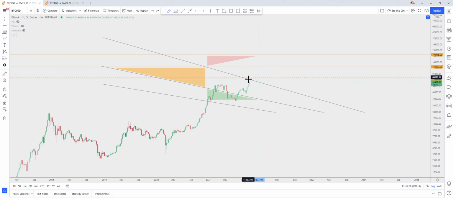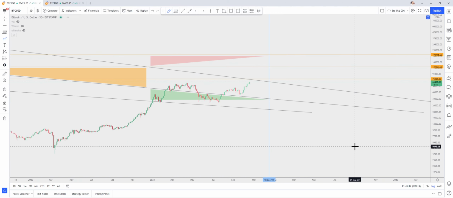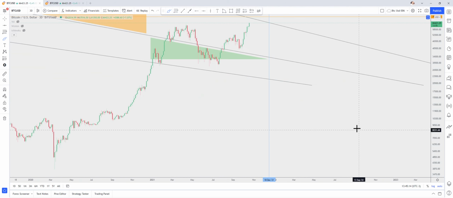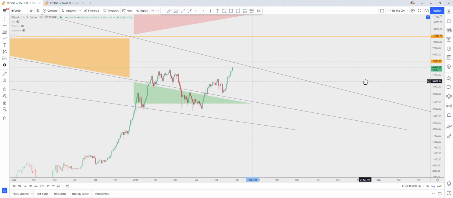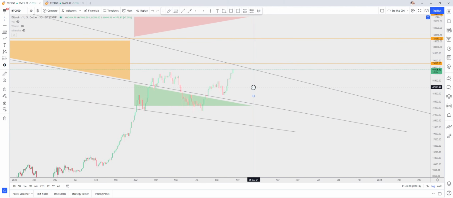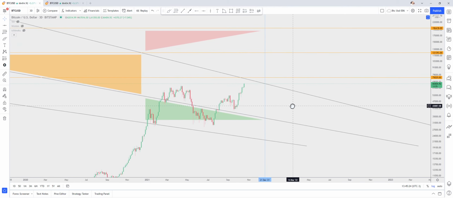75, it's close. Let's jump into the 3 days here, so maybe we can have a better idea about development. December 21, right here. 75 is very close.